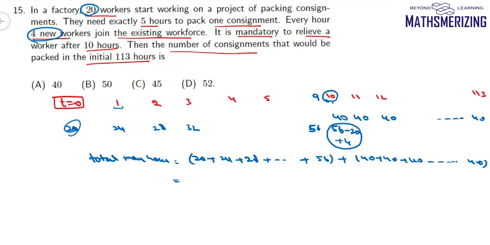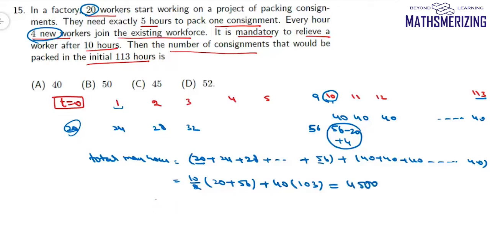So this is n by 2, so it is 10 by 2, and then a plus L. So it will be 20 plus 56, and then plus 40 into 113 minus 10. So there will be simply 103. So total number of man-hour work possible is 4500.